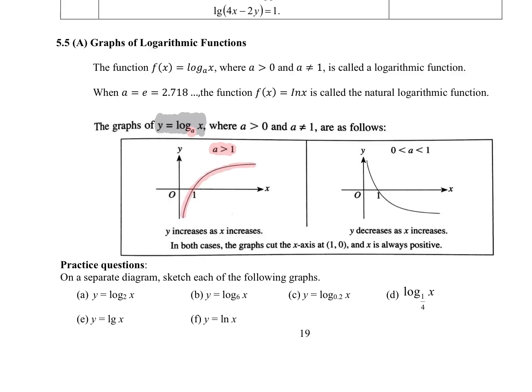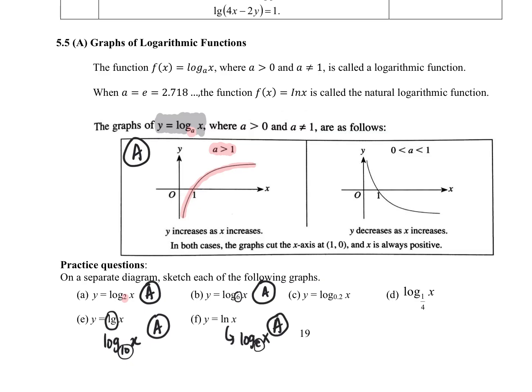This is graph A. This is greater than 1 because this is the same as log base 10. This is the same as log base e, so also greater than 1.